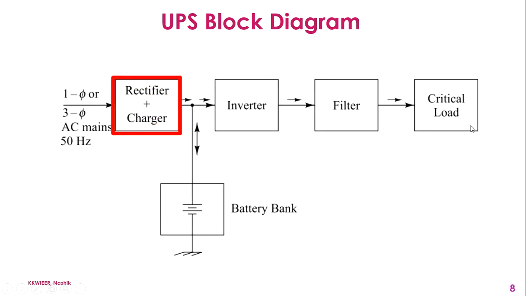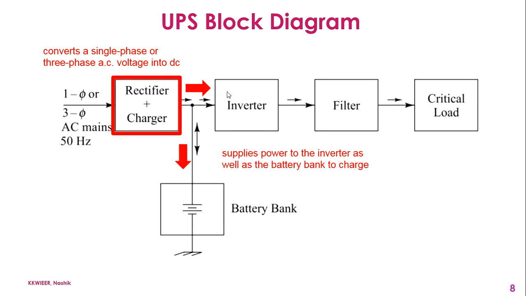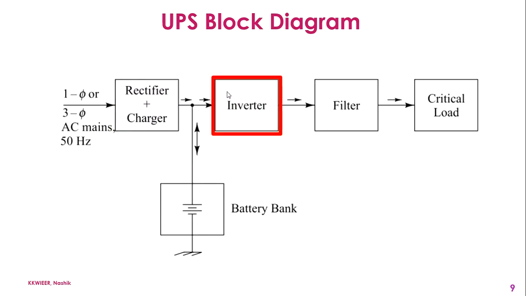The function of the first block, that is, the rectifier or charger, is to convert single phase or three phase AC voltage into DC voltage. Then it will be fed to the inverter as well as the battery bank. So it supplies power to the inverter and to the battery bank to charge. Then the next block is the inverter. If the single phase or three phase AC mains are on, that is, working, then it gets a DC input voltage from the rectifier.